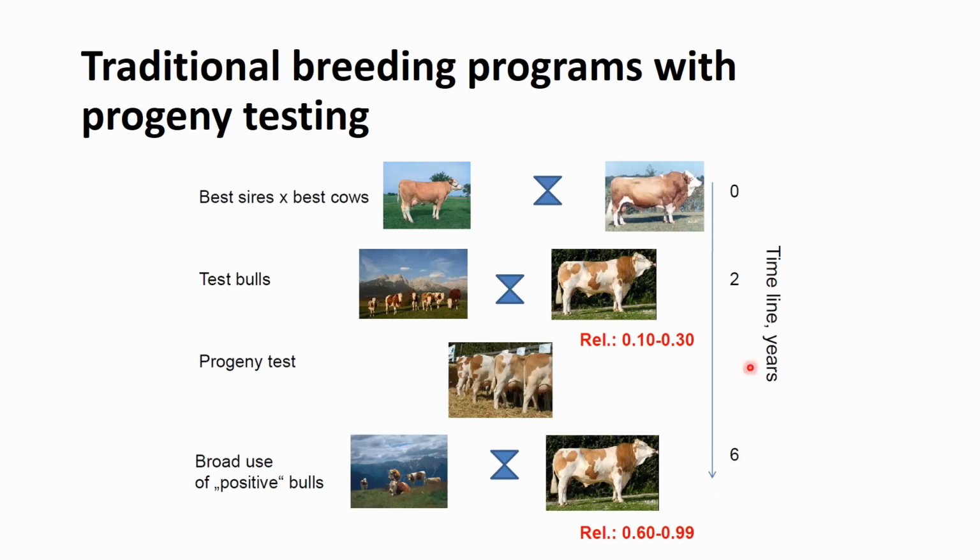That is because it itself needs to grow up, then needs to be mated, then these calves need to be born, also grow up, mated themselves, the calves being born, and then after that, there is a 300 days of lactation that is being measured, and then is the time point where we have actually our phenotype. This whole process can take 6 years or more.